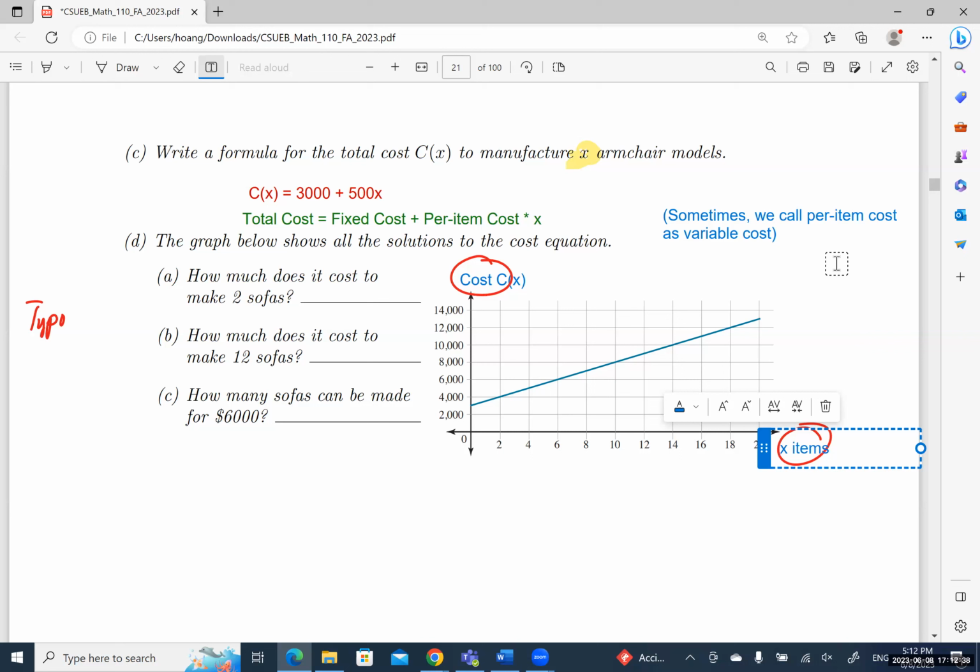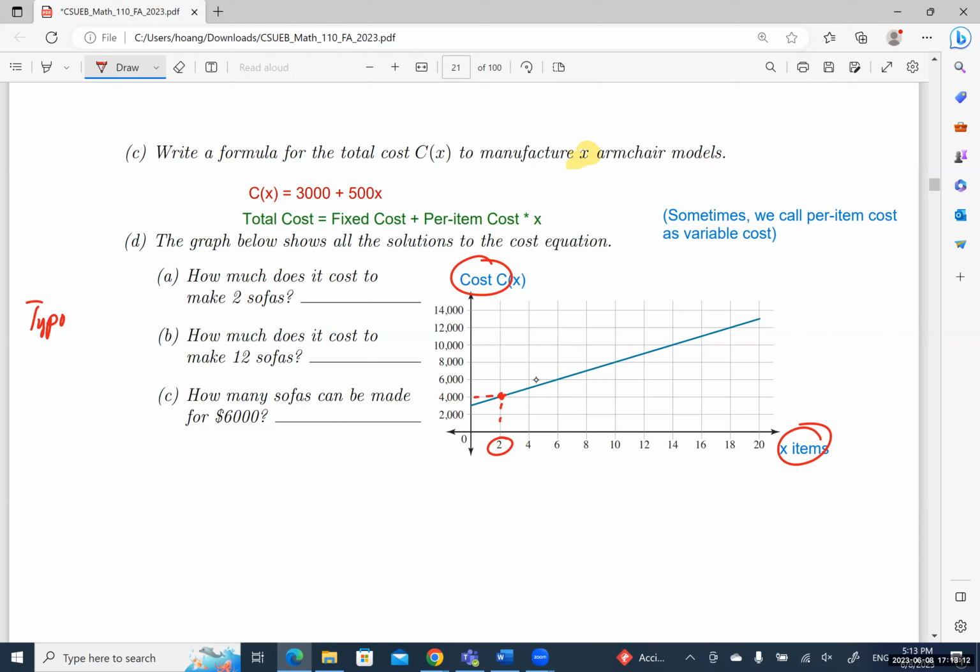That's good enough. Okay, so now we have the question: how much did it cost to make 2 sofas? What you do is you look at 2 sofas, so 2 items, right? From these 2, you're gonna map it to the graph. You see a point there, and from that point you map back to the cost.